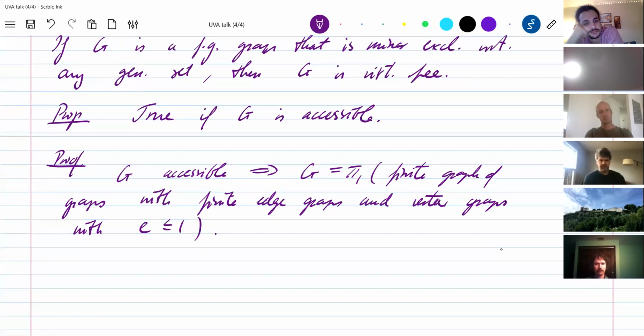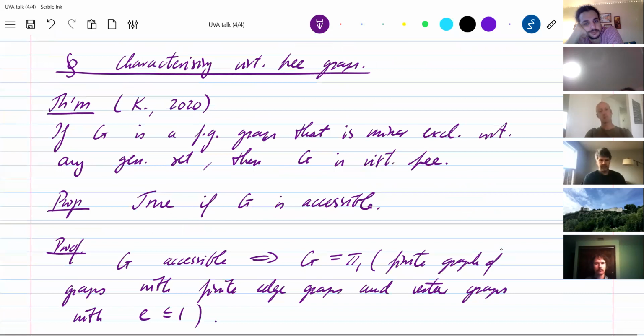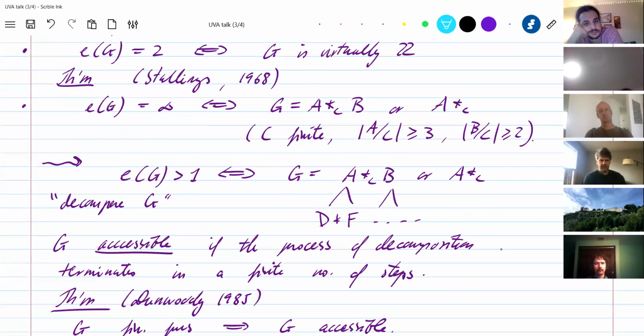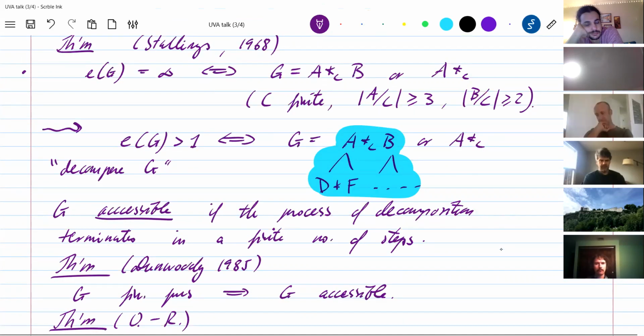Now, if you're not sure what that means, what I mean is essentially when we reach the bottom of this decomposition tree, when we reach the pieces at the end that we can no longer decompose, the groups with which this must finish must have less than or equal to 1 end, right? Otherwise we could keep going. So this is just a fancy way of phrasing that, really.